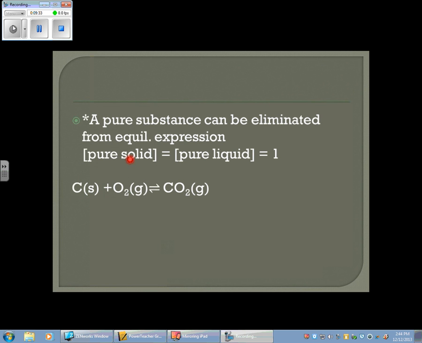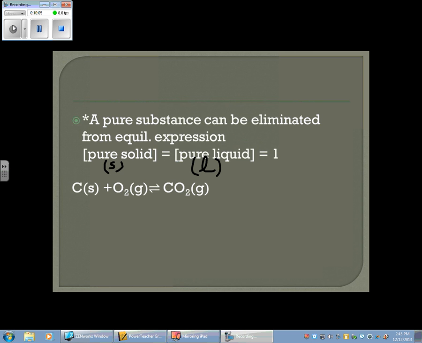If it is a pure solid, so it has a little (s) written beside it in parentheses, or a pure liquid, so a little cursive l there, those things don't really have a concentration. It's hard to get a molarity because molarity is moles per liter. So we say that their concentration is 1, and basically they just drop out of the equilibrium expression, and you do not write them at all. They will also have no effect on the equilibrium position.